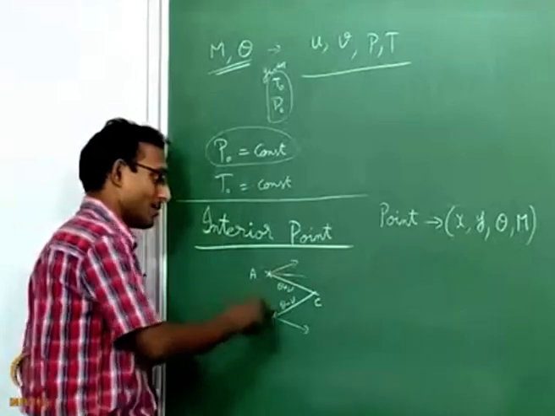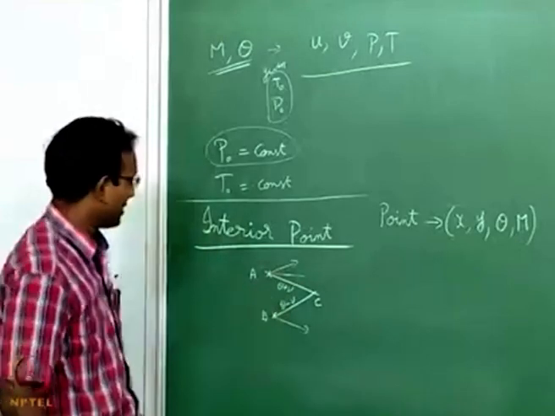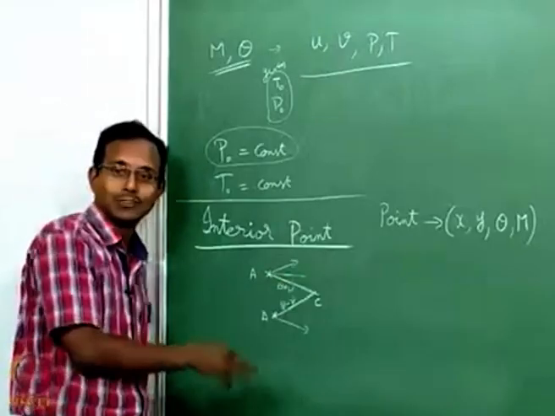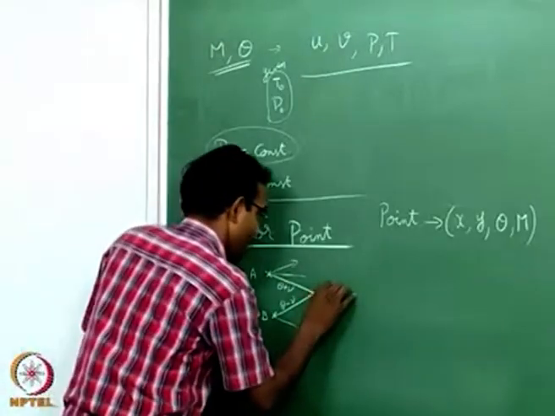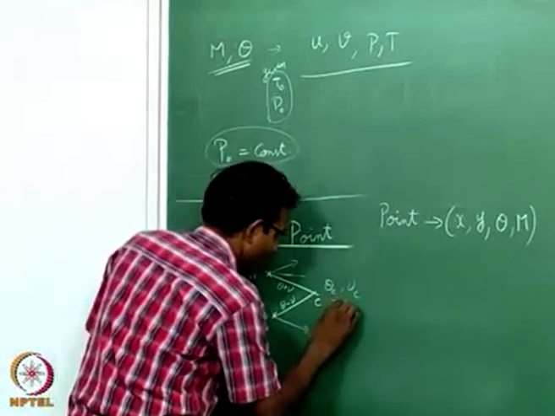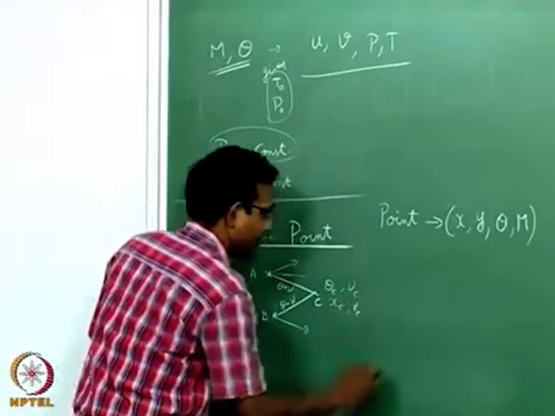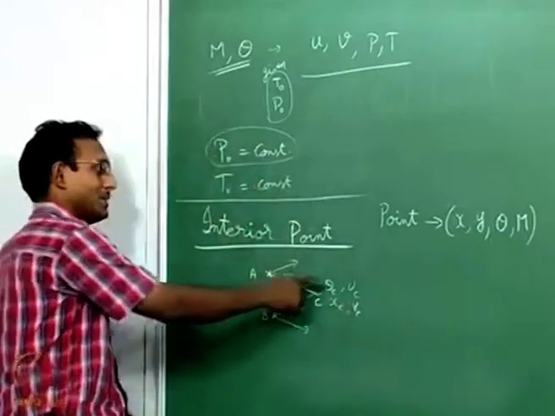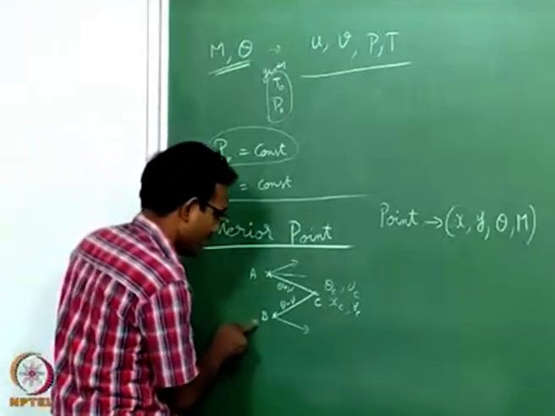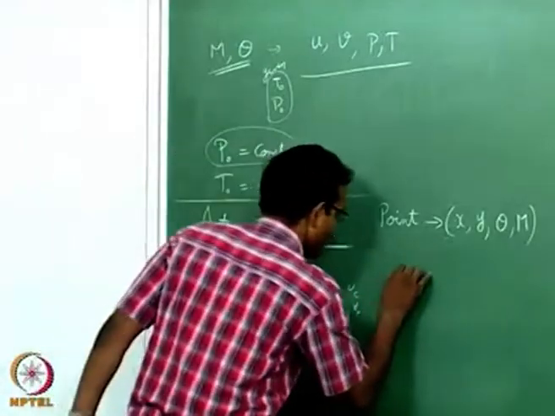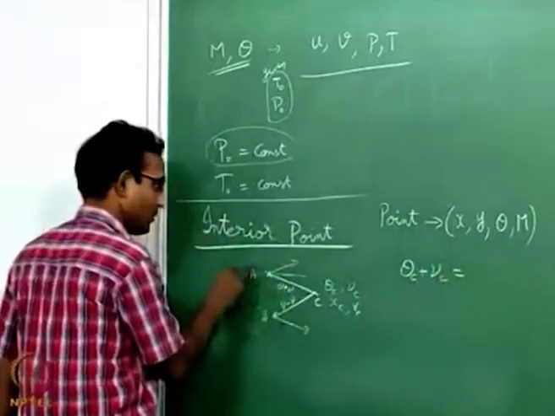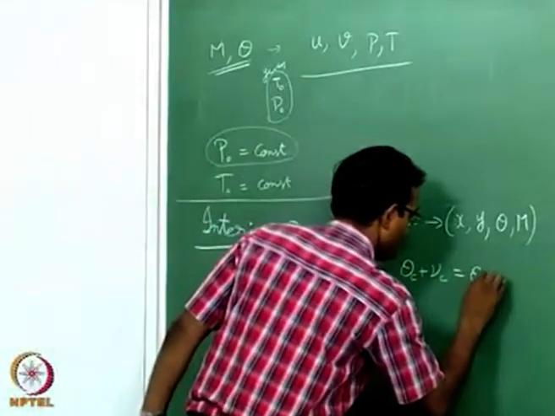Anyway, now how will I solve for this? I already told you how to solve for theta c and nu c. Those are your unknowns, right? I do not know theta c and nu c. I also do not know x at c and y at c. First we will look at theta c and nu c, which are easy. We know theta a and nu a, and we know theta b and nu b. So I can just write theta c plus nu c is equal to theta a plus nu a.